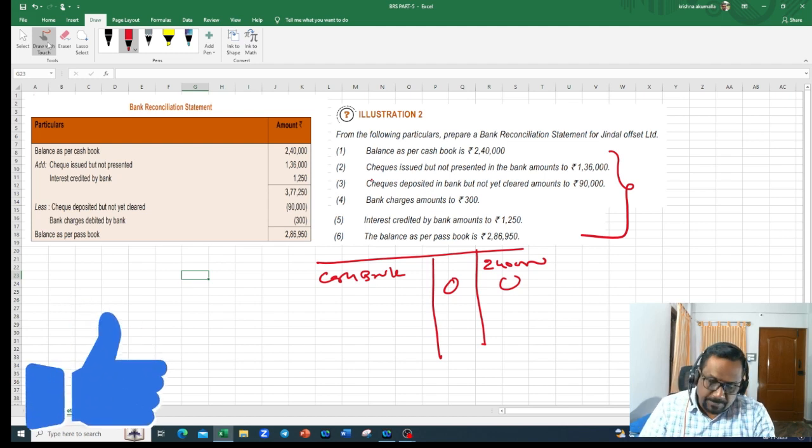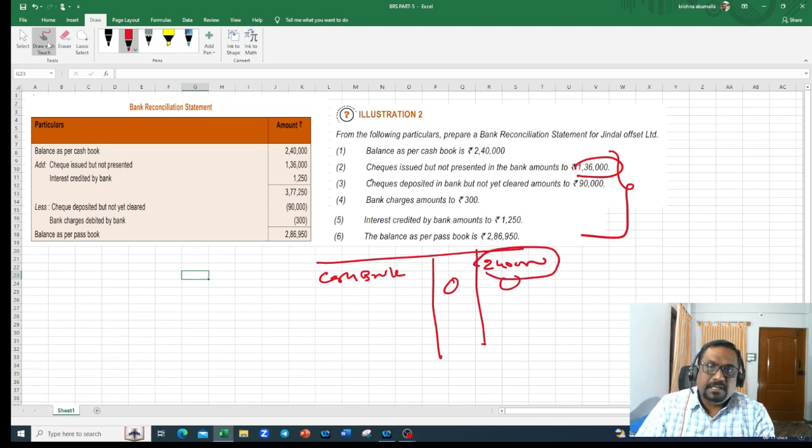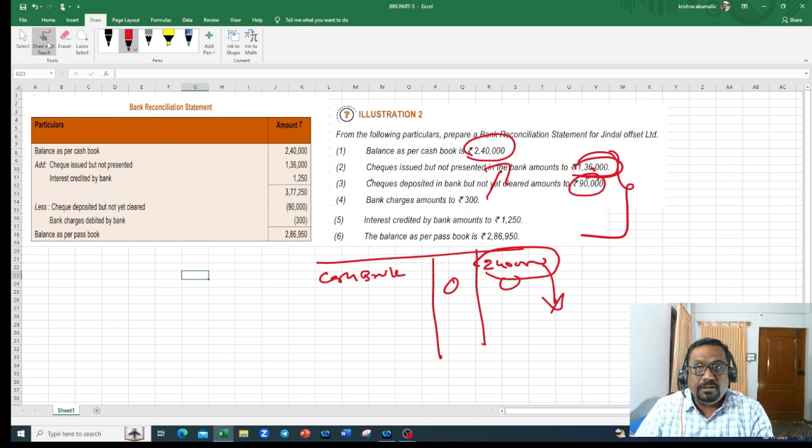How the result will be: some of these differences could be adding to this balance, some of these differences could be reducing this balance. Impact. I'm talking about the impact. Suppose checks issued but not presented in the bank, 1,36,000, might reduce the cash balance, or might add to this 2,40,000.